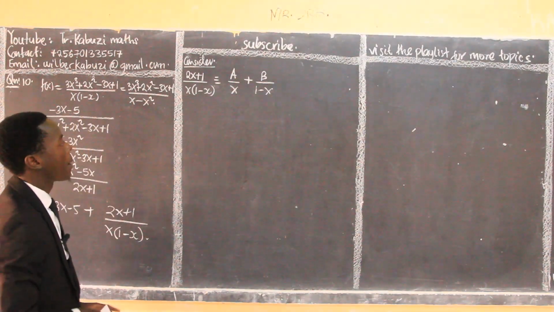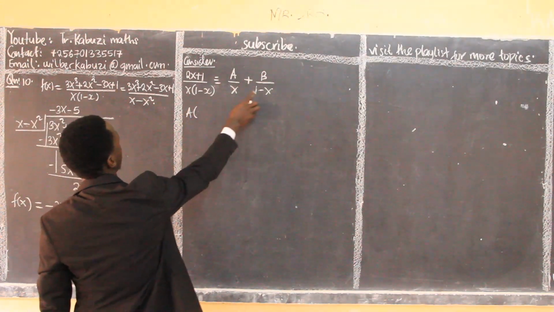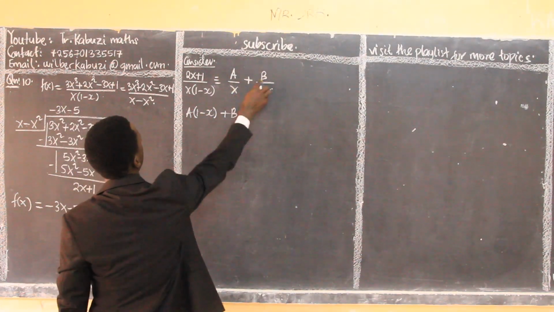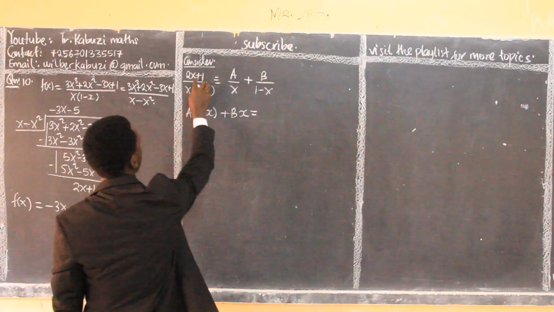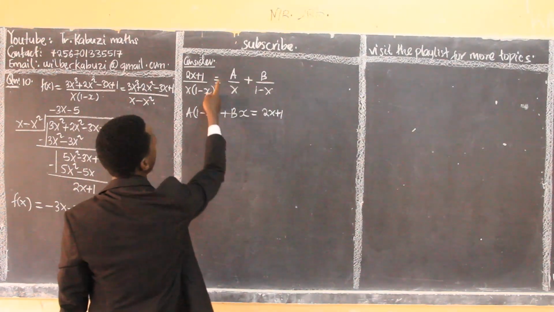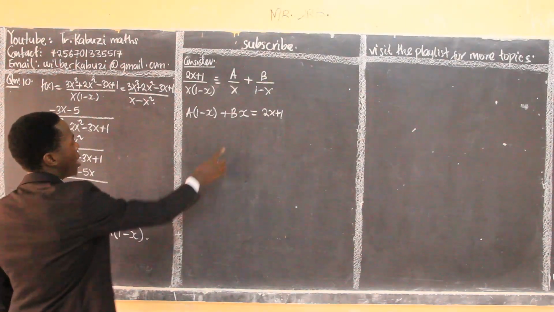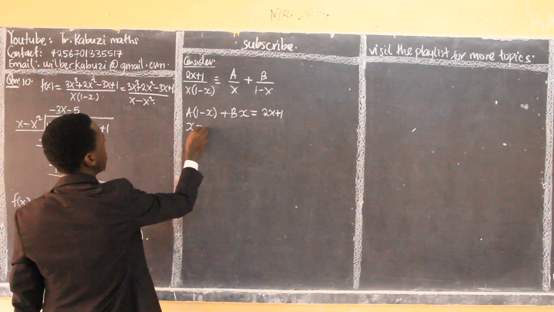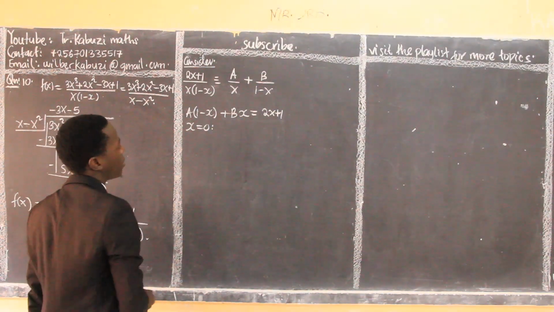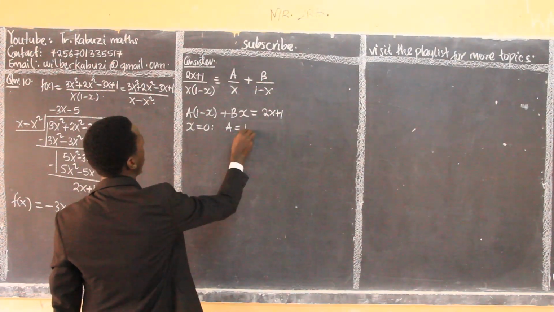So if you get the LCM, we are going to have a into 1 minus x, b into x equals to 2x plus 1, because when you multiply this and this, you will be able to answer the denominator. So there we can say when x is 0, I put here 0 and I put here 0. You can see that now my a is going to be 1.